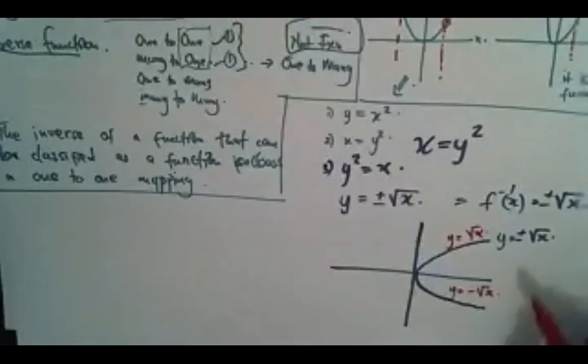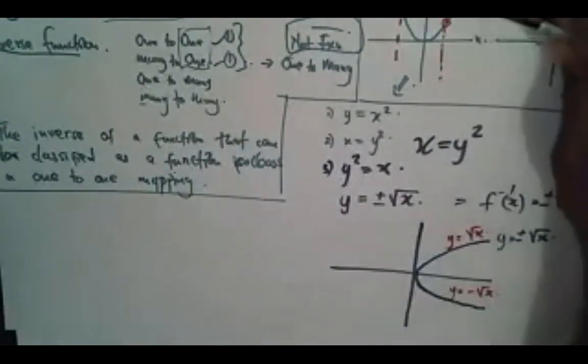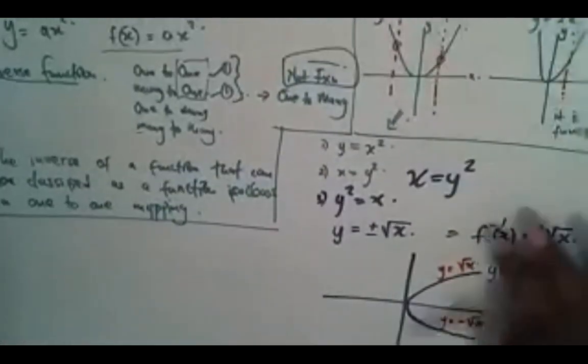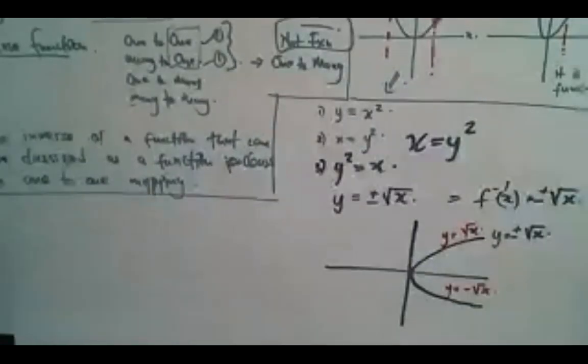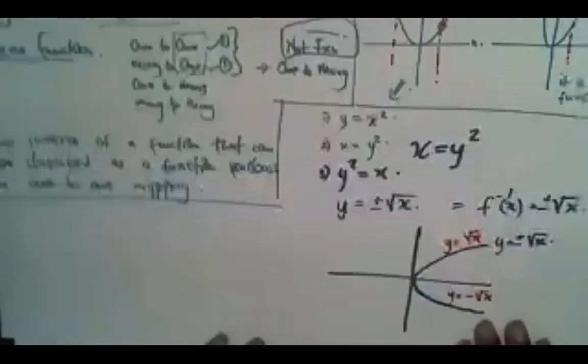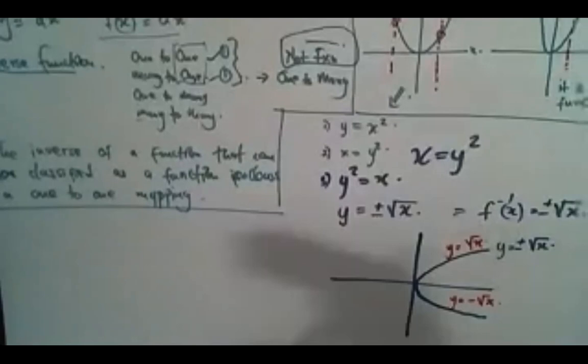Now, if this is the graph, I want to draw it on the same axis, because remember, with functions, they'll always ask you to draw on the same axis. We must be able to draw this one and this one on the same axis, and see if they give a reflection of one another.